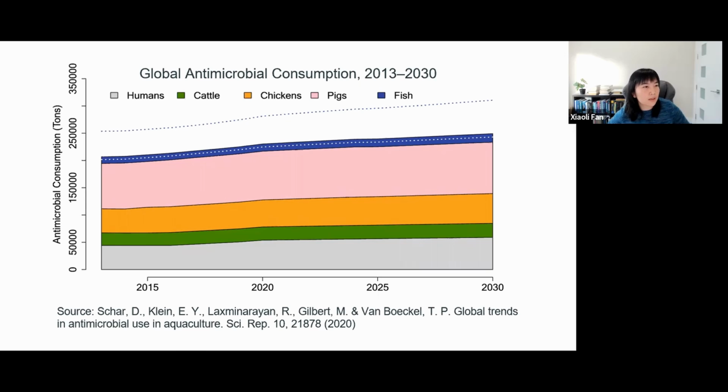Roughly, humans are consuming one third of the antimicrobials. In Canada, I think more than 80% of the medically important antimicrobials are consumed in animals.